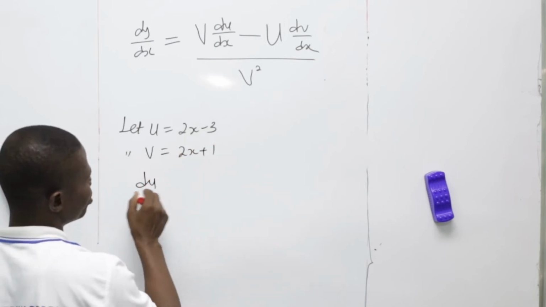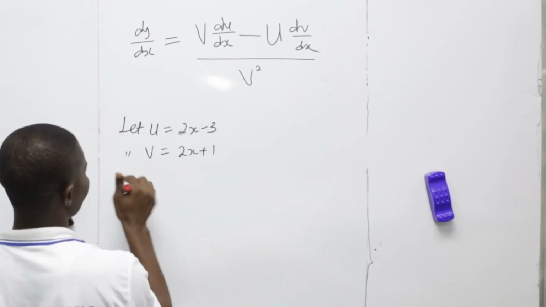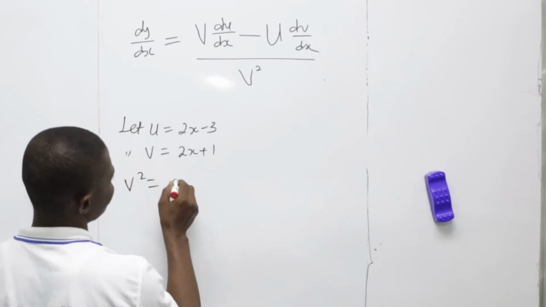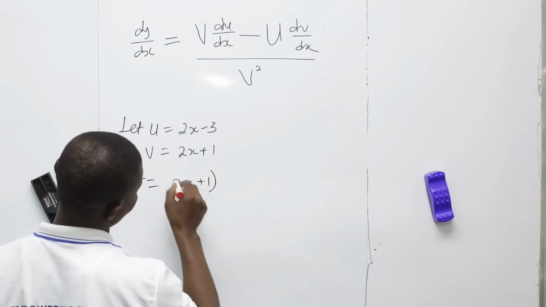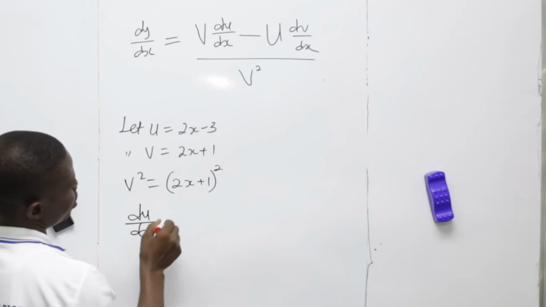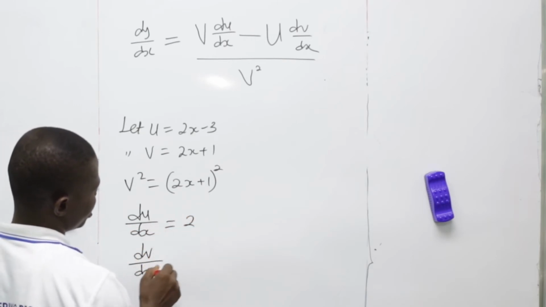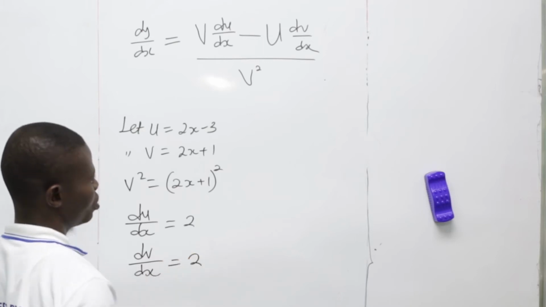v squared equals (2x plus 1) all squared. Then du/dx equals 2, dv/dx equals 2.